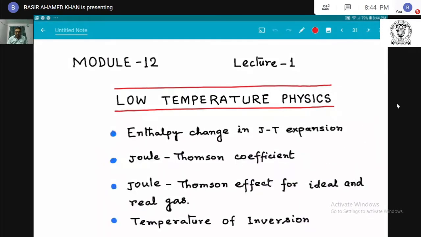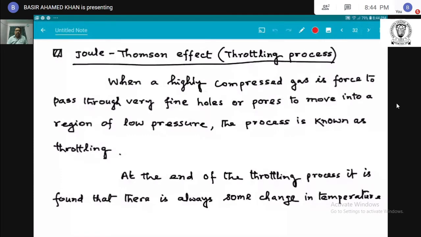Now the first point: what is the Joule-Thomson effect? When a highly compressed gas is forced to pass through very fine holes, means how? Suppose here I draw a piston.